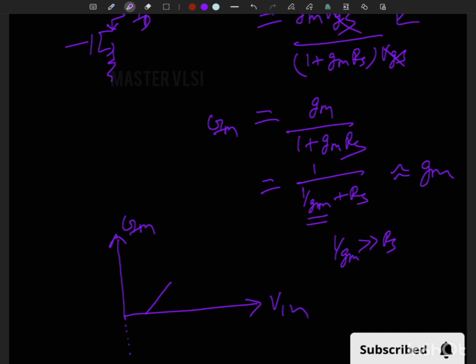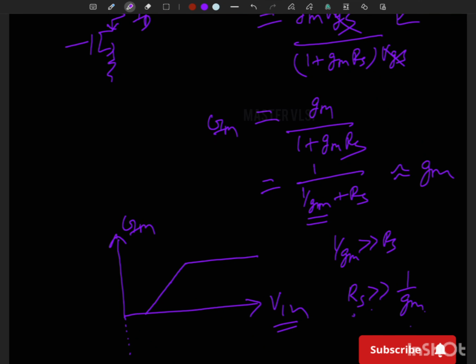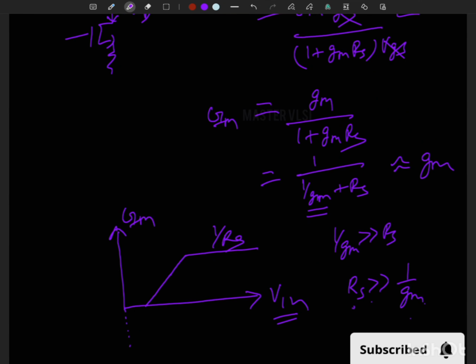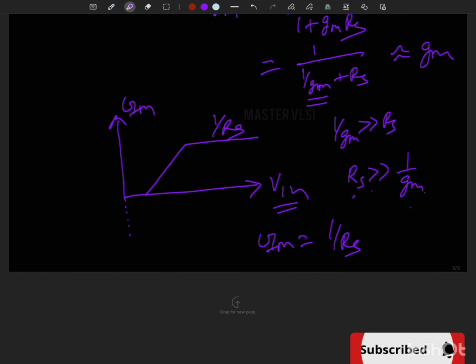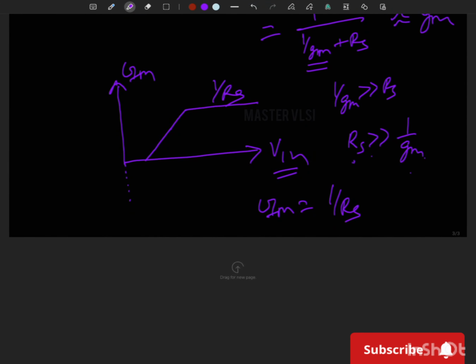But when our Rs is much higher than 1 by GM, because GM of the MOS is increasing with Vin, 1 by GM will decrease, Rs is fixed. So one time will come when Rs becomes greater than 1 by GM, and at that moment this GM will become a constant value, 1 by Rs. So after a certain value, our GM will become 1 by Rs. Obviously after some time it will reach the triode region, then in the triode region Rs and the Ron of that MOS will give the effective GM.